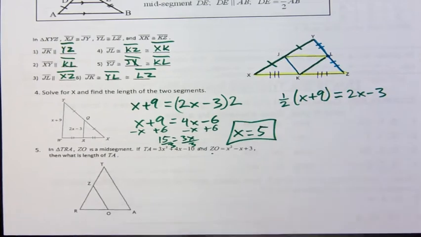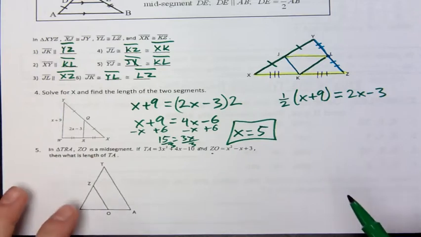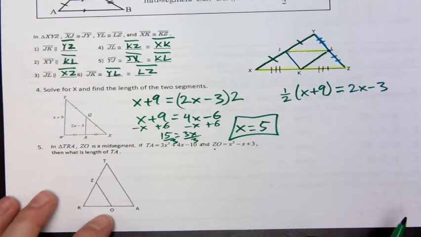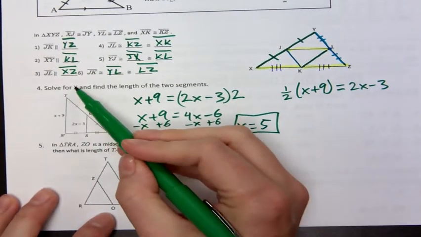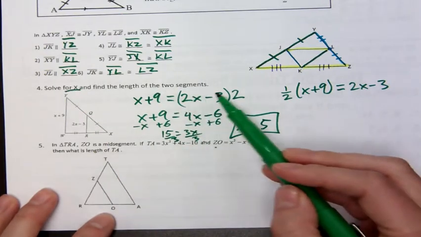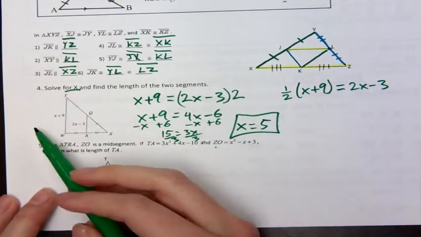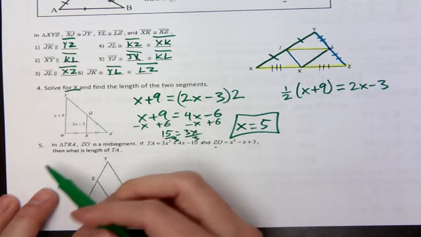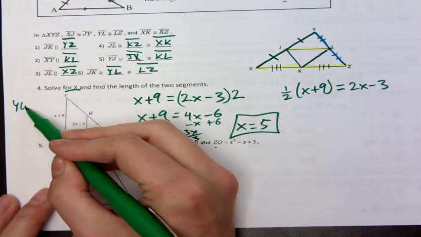Alright, are we finished? Yeah, so what do I need to do now? So I solved for x. I need to find the length of the 2 segments. So if I plug it in, what is YW? 14.